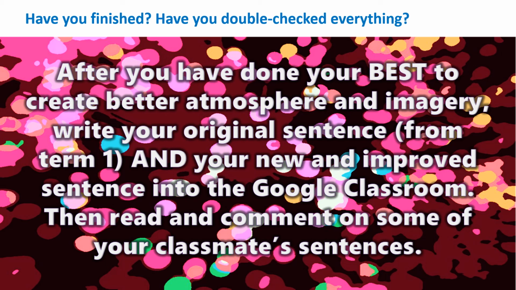Write that into the comments of this post, and then add your new and improved sentence. Okay, so you're typing this directly into the Google Classroom where you found the link to this video.